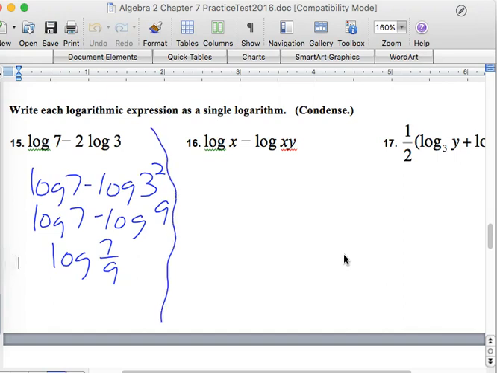Alrighty. Go after 16 if you haven't already. So far, everybody is not making the most common mistake that's made on this one.